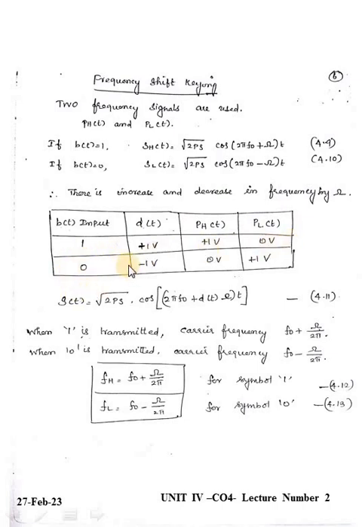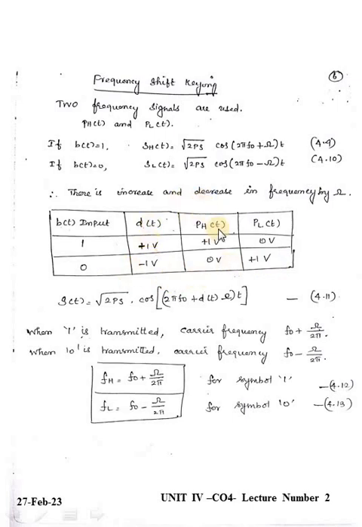If you give 0 as input, the distance from the origin to the bit stream 0 is minus 1 volt. So the high frequency signal for binary input 0 is 0 volt, and the low frequency signal is plus 1 volt.